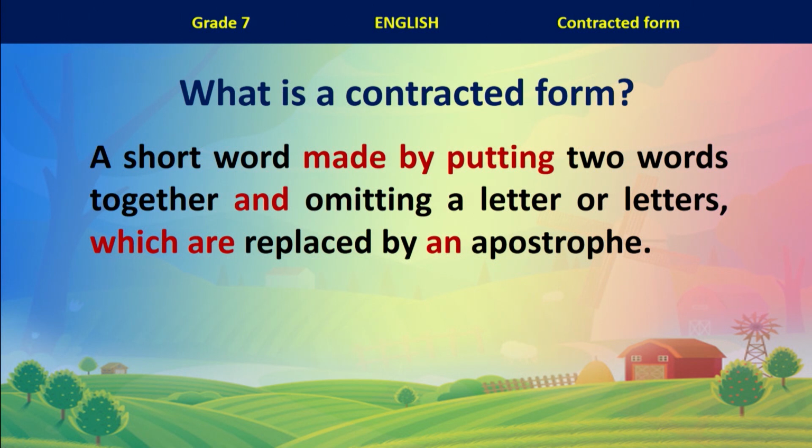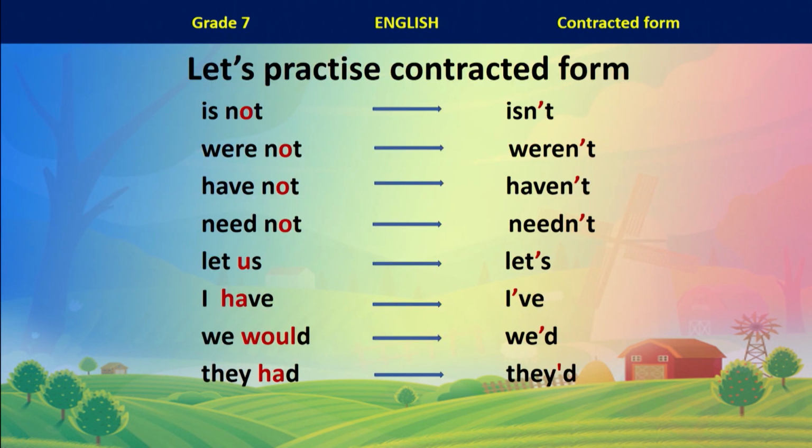Let's practice contractions. Is not, isn't. Were not, weren't. You can see the letters that we remove are given in red. Have not, haven't. Need not, needn't.